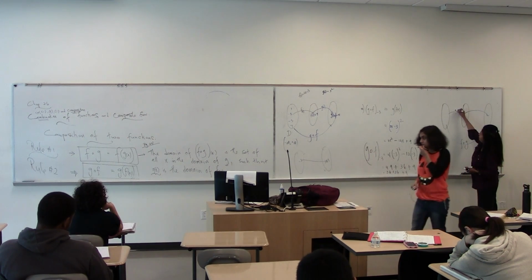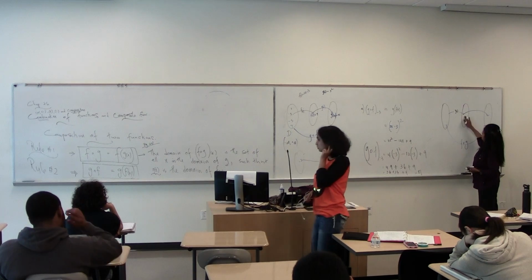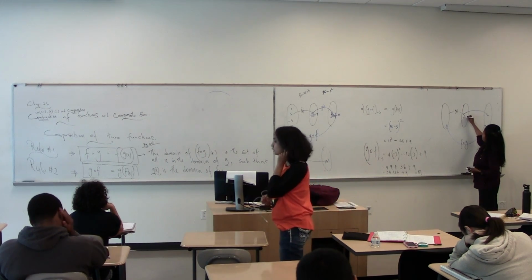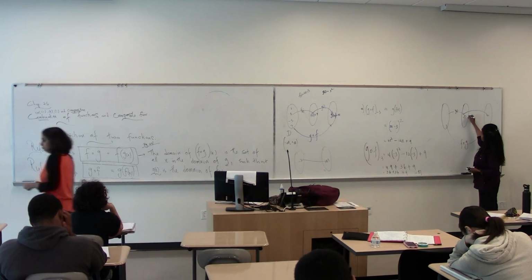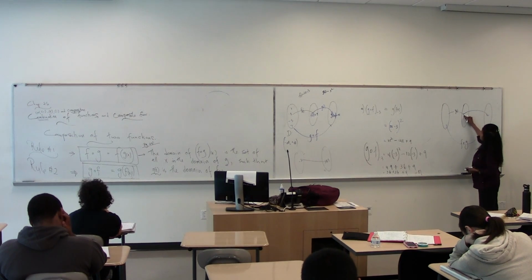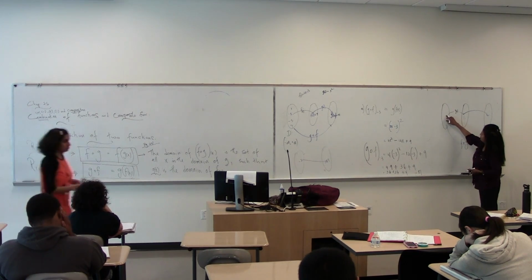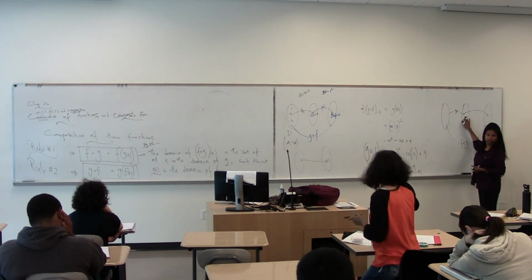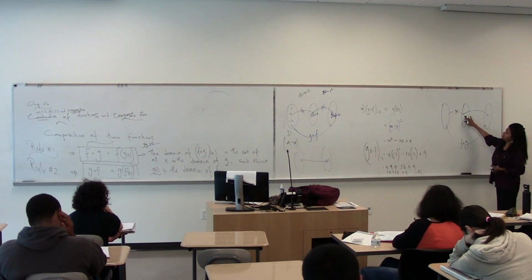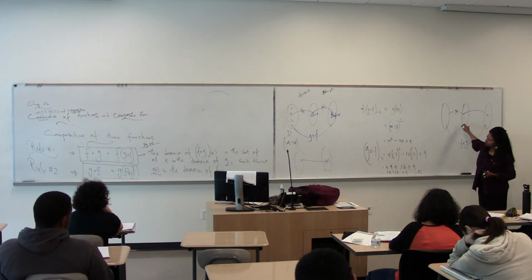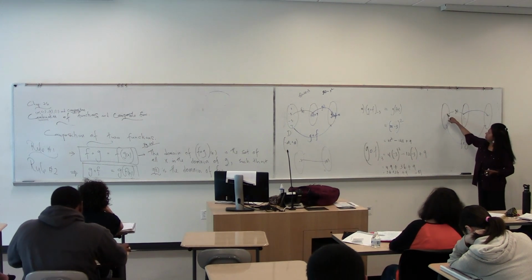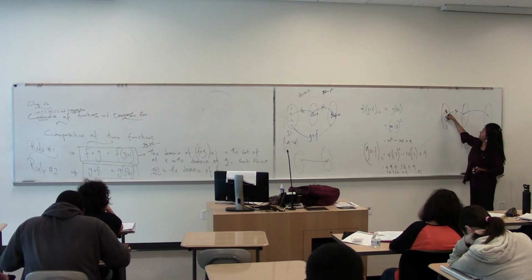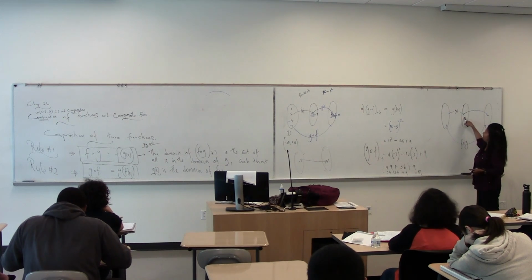So this is G of x, this is F. The G rule is here, right? So this is going to take the x's here, so this is going to be G of x here.